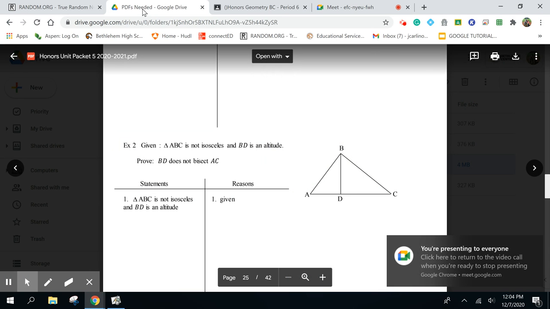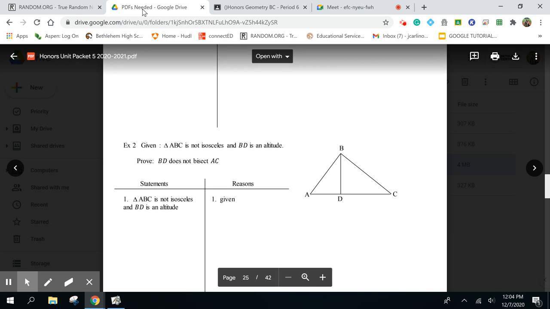I got to the 4th step. I was trying to figure out. Well, before you get there, let me hear your steps before step number 4, so I know we're going in the right direction. So I did the givens, then I did BC bisects AC for my assumption, and then I did AB equals BC for the definition of median.